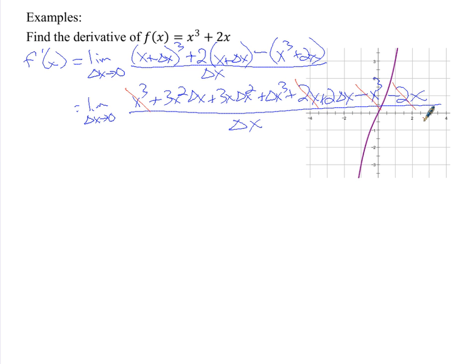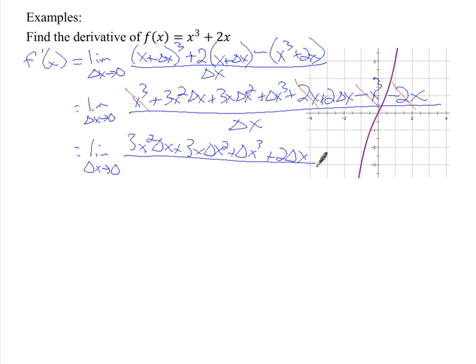All right, so let's rewrite this then. Equals limit delta x approaches 0 of, what's left over? 3x squared delta x plus 3x delta x squared plus delta x to the third plus 2 delta x. And that's it, right? All divided by delta x. So now I'll rewrite this with that factor coming out.